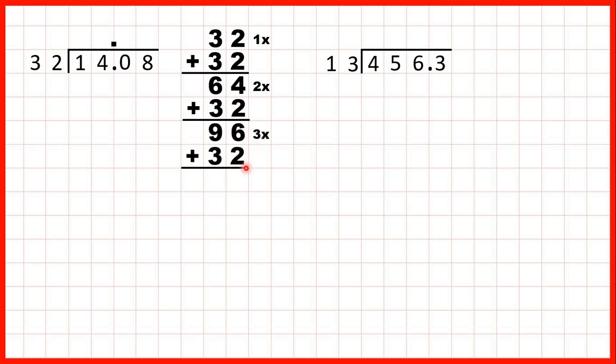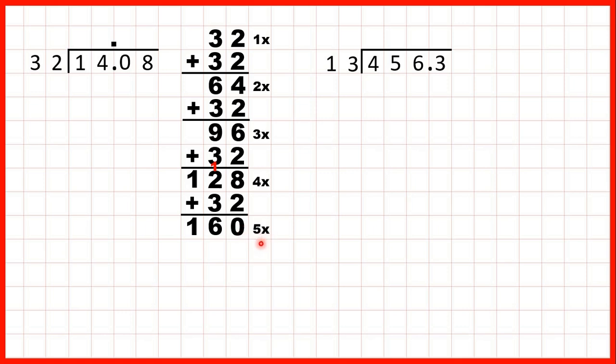If we add another 32, we get 128 for 4 times, and adding another 32, 8 plus 2 is 10, so 1, 0, and I've written the 1 in red only so that it's easier to see. Then 1 plus 2 plus 3 is 6, 1 plus nothing is 1, so 160 must be 5 times 32.